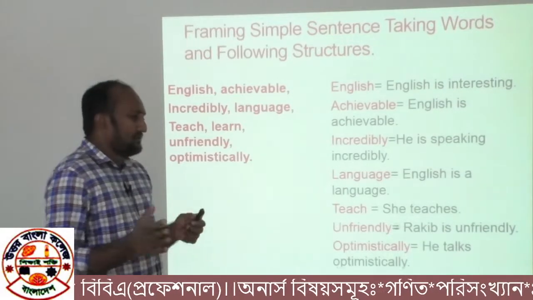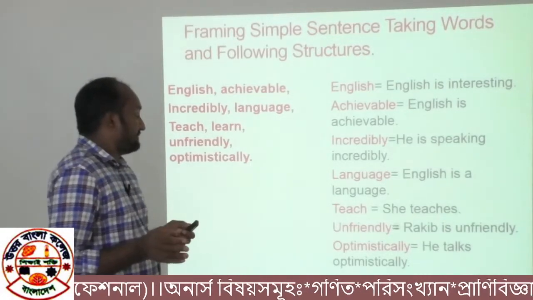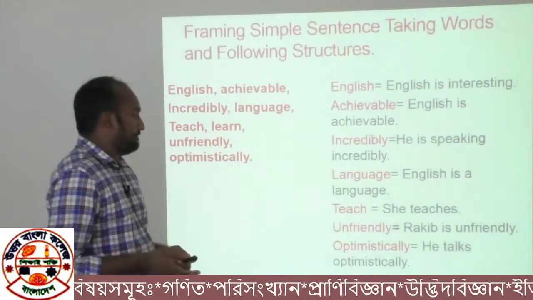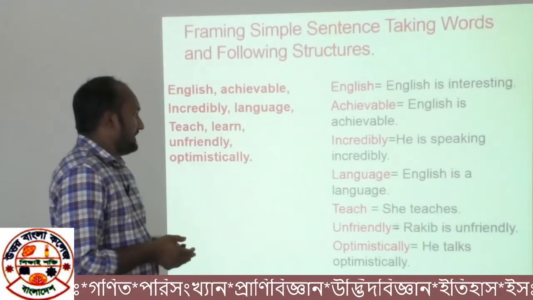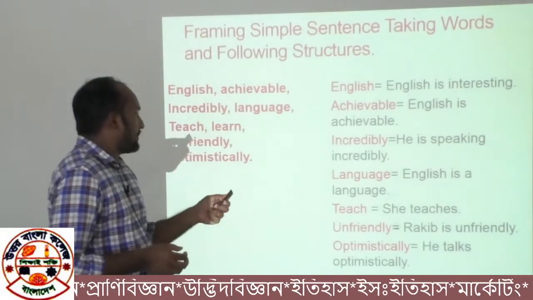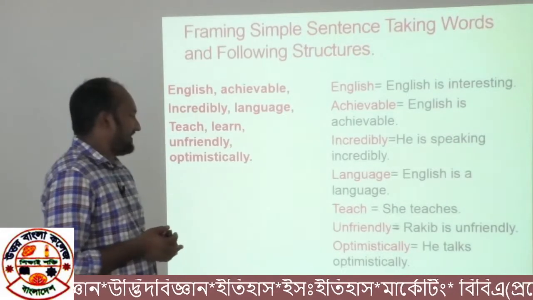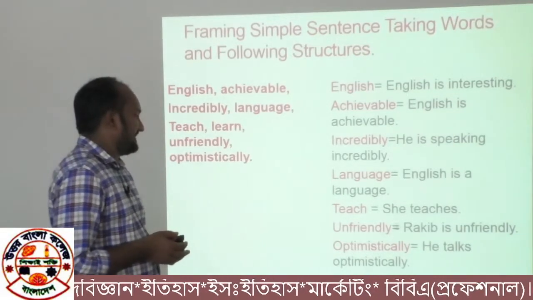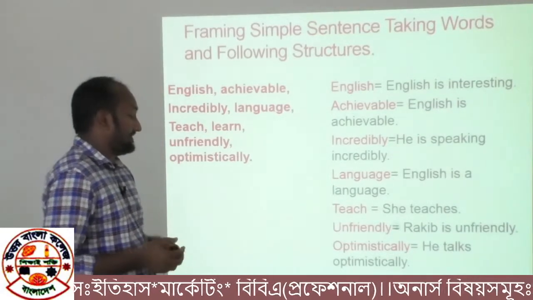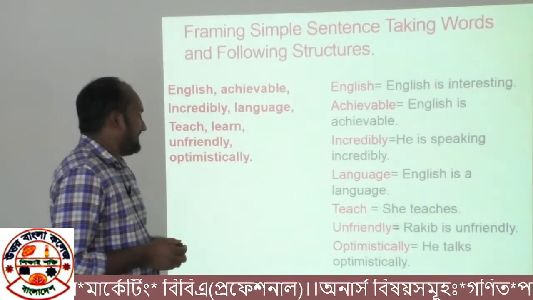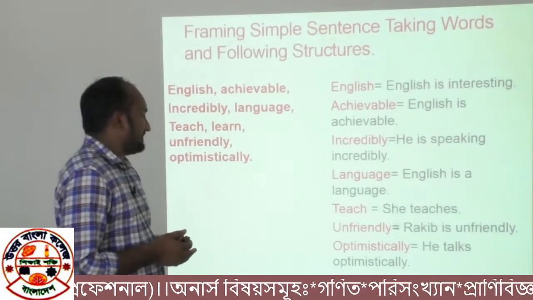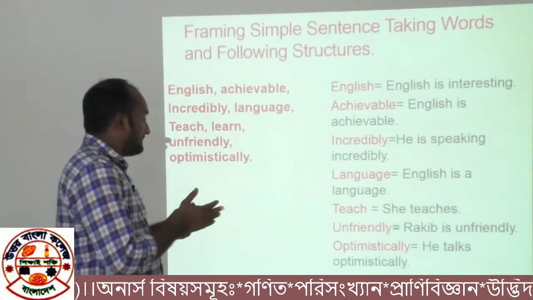Then language, and we know language is also a noun, and by using language I have made a sentence here: English is a language, subject plus verb plus noun complement. Then teach is a verb, and I have written a sentence using it: she teaches, subject plus verb. Unfriendly is actually an adjective.